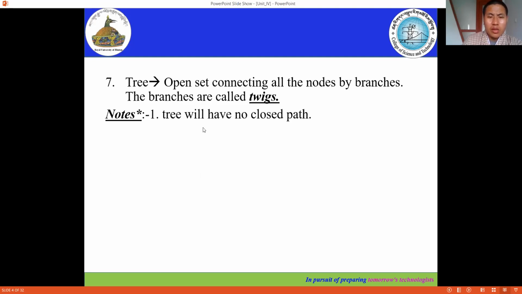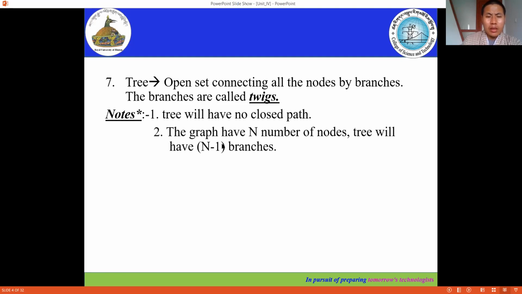Remember here, a tree will have no closed path. From the sentence itself, it's understood that it's an open set. If the graph has n nodes, then the tree will have n minus 1 branches. So the number of nodes is more than the number of branches. Remember that, because it is not a closed path.